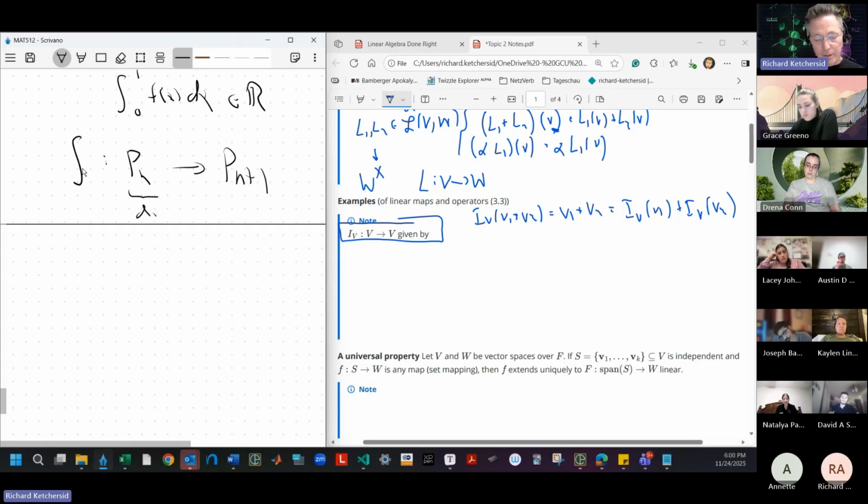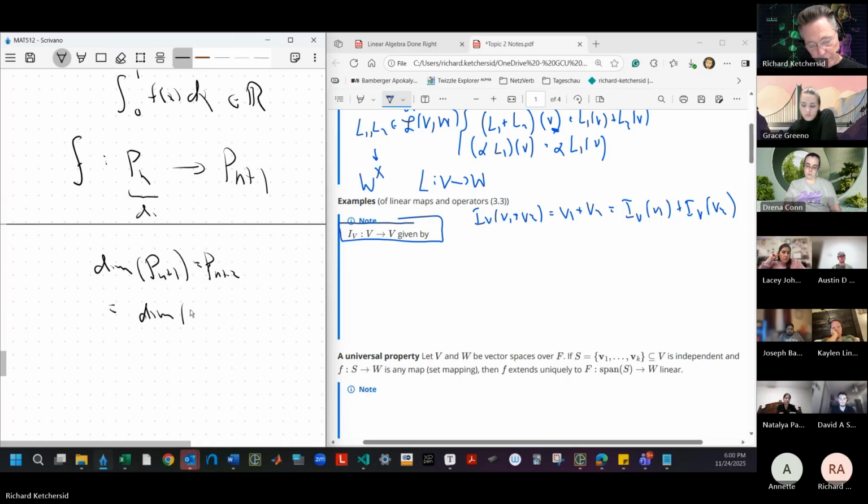Now this is a linear function, right? So again, we know the dimension of Pn plus 1, which is n plus 2... Oh, sorry, I've got this backwards. Oh gosh, let's just erase this whole thing.